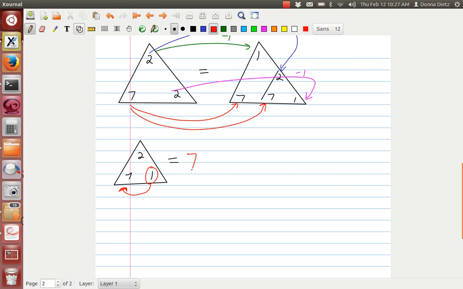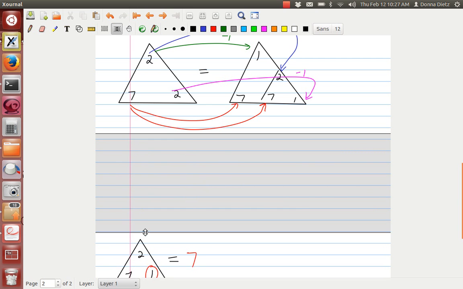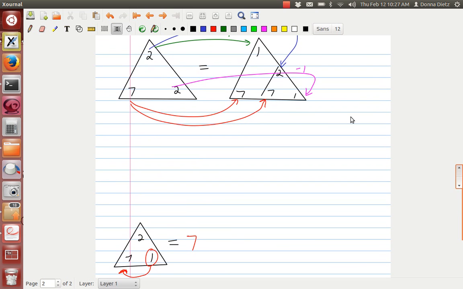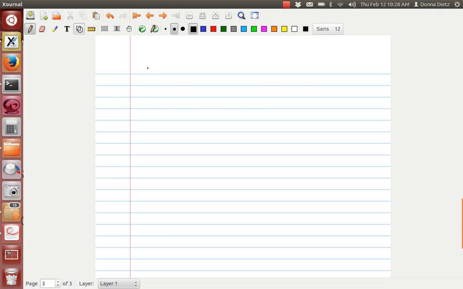Okay? And so what I'm going to do then is, this is a little harder to write, I'm going to push that down below here. Because this whole piece is 7, then I can rewrite this as 177, and then I can pull it off to another piece of paper and calculate the 177.